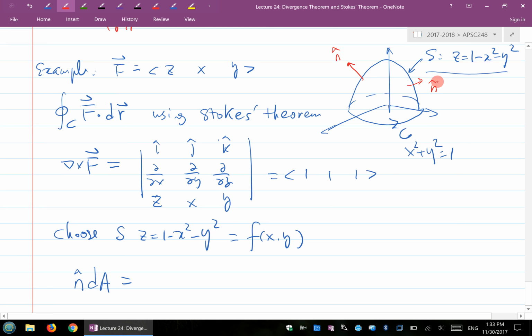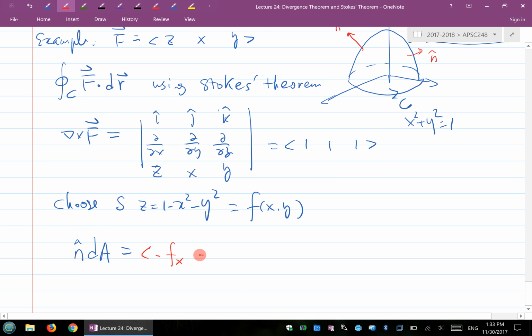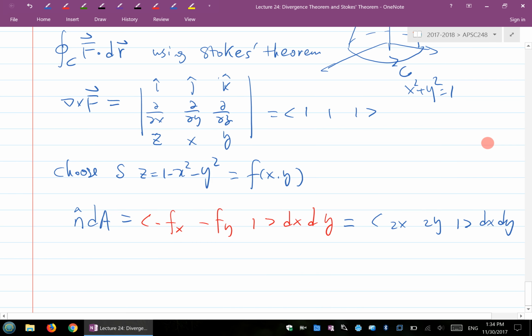The upward n hat dA, if you recall, is essentially negative fx, negative fy, and 1, dx dy. That's your n hat dA for an explicit surface. We picked the positive because it has to be compatible with the counterclockwise C here. So your f is given, and this will be basically 2x, 2y, and 1 dx dy.